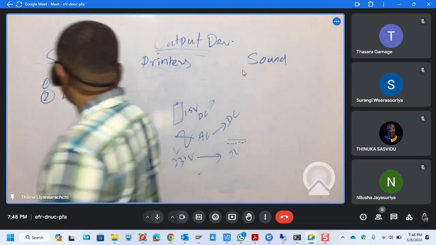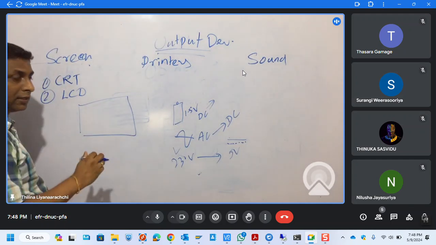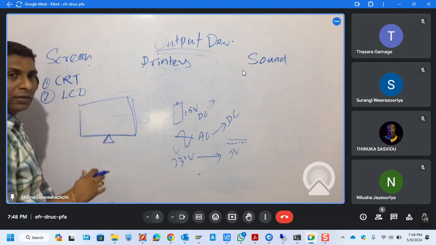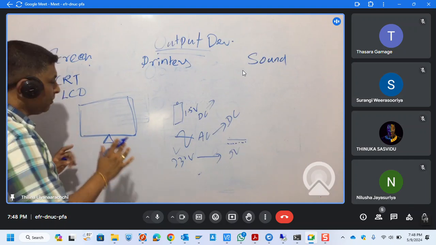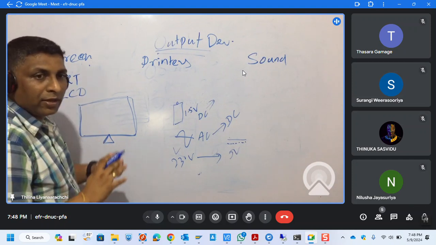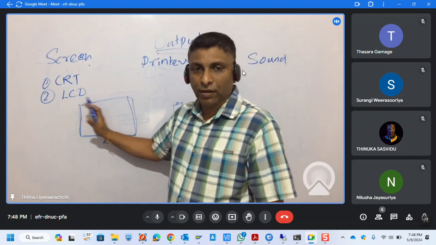It's like the same monitor you see, like LED. It's a flat panel you can see, no? So it's the same size, same type. This is very slim, compared to CRTs, but inside they use polarized plates to generate the screen images.